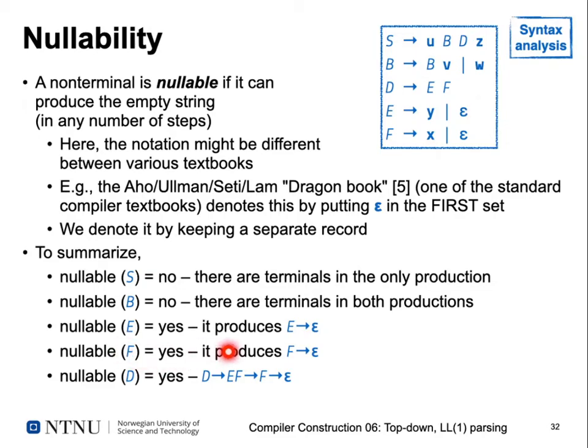Is F nullable? Same as before, of course, because there's a production generating an epsilon. So the remaining question is if D is nullable, and you can see D resolves to E and F. E can be epsilon, F can also be epsilon, so we can have a resolution here that derives epsilon epsilon from D going through E and F, so D would in total resolve to an epsilon, so it's nullable again.